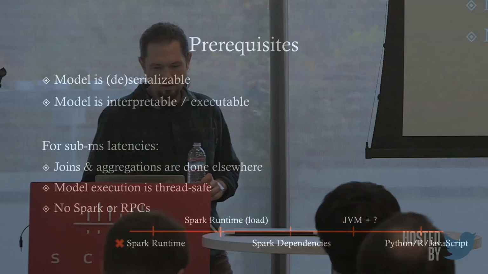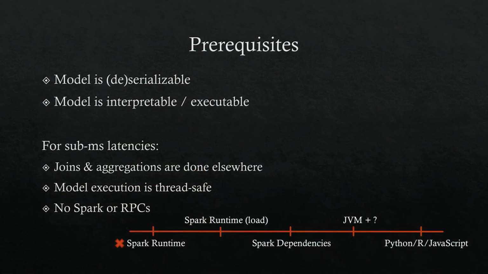So what are the prerequisites here, right? We want to produce a model that is serializable and, of course, deserializable. We want the model to be interpretable in some runtime. And we also want to assume some things. For sub-millisecond latencies, most likely you won't be doing most of the joins and aggregations.